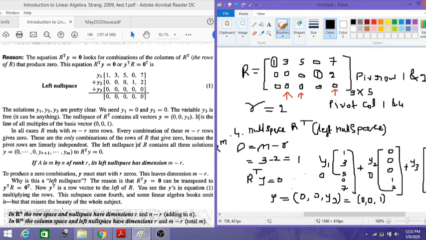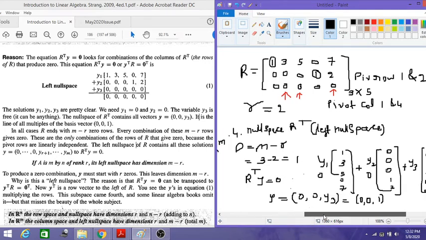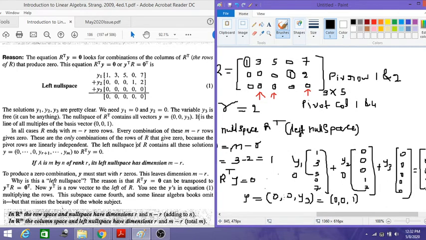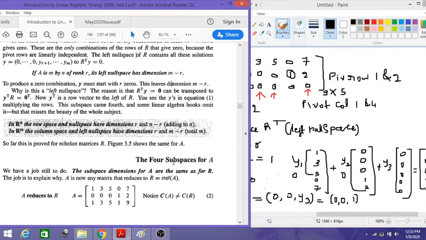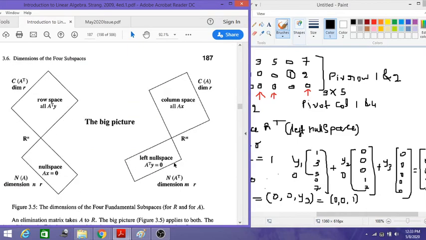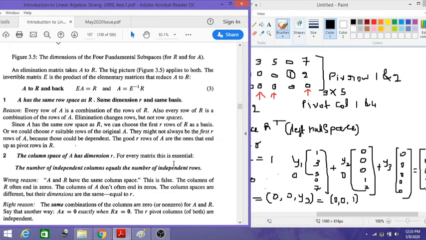The dimension is 1, and its basis vector is defined by, say, if we have these 3 columns after the transpose, then it is 0, 0, 1 for this case. So that's it for this case.